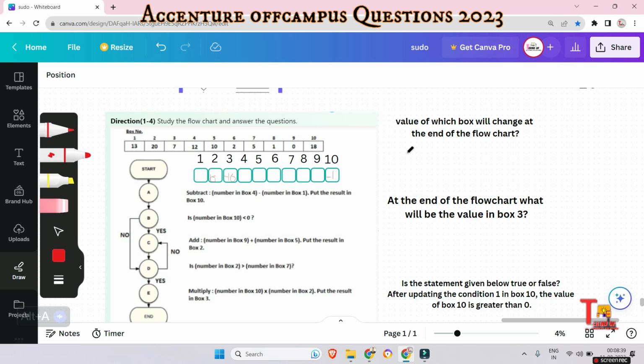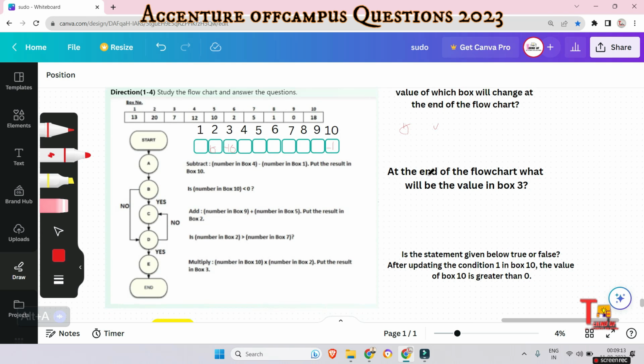Because let's say the options are 10, 8, 7 or 1, then the option will be 10. Or if the options are 3, 4 or 6, 7, then option 3 will be correct, because 3 was 7 and is now minus 10. So whichever box has changed will be the answer in this case.